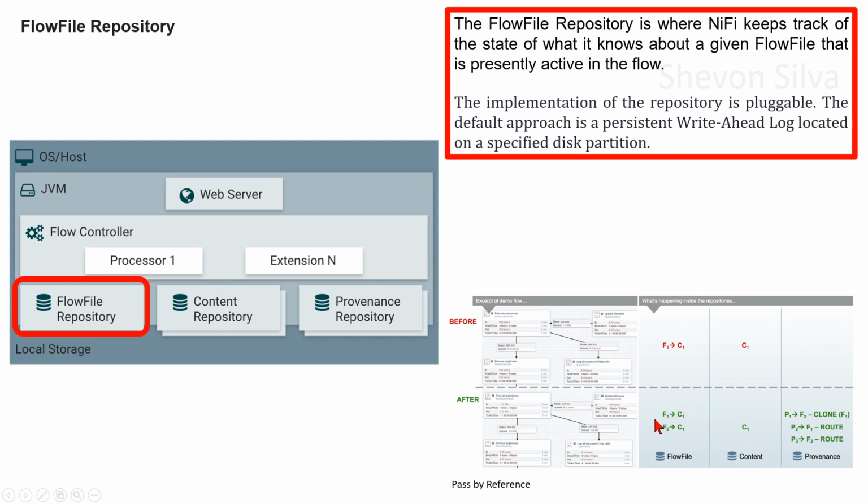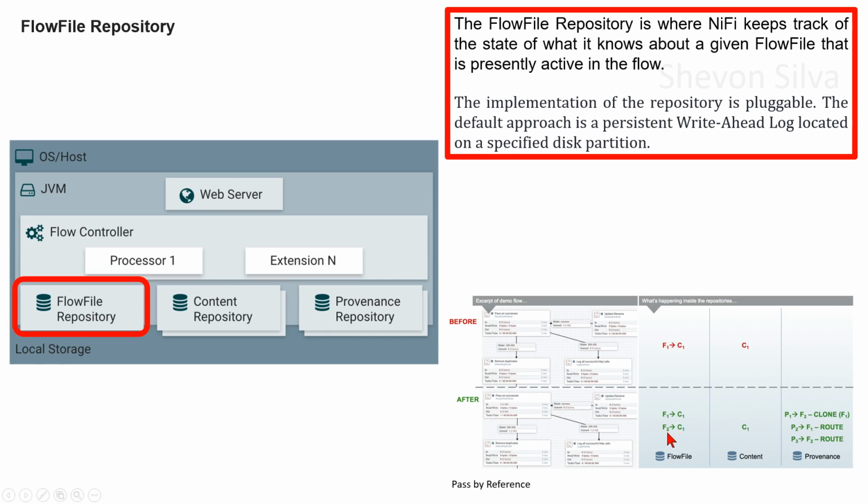After the routing, the RouteOnAttribute processor examines the flowfile status code attribute. It determines that it should be routed to two different locations. First thing that happens is the processor clones the flowfile to create F2.